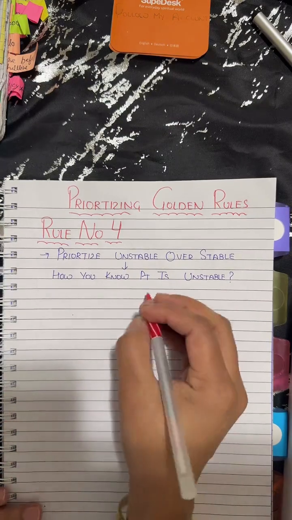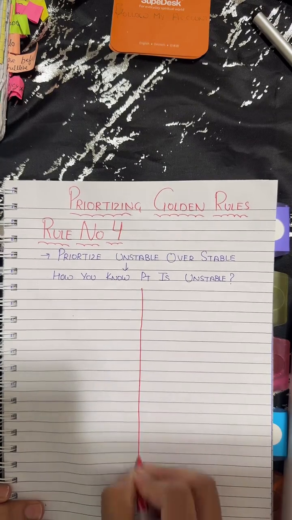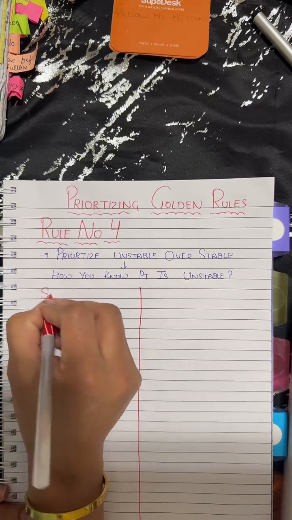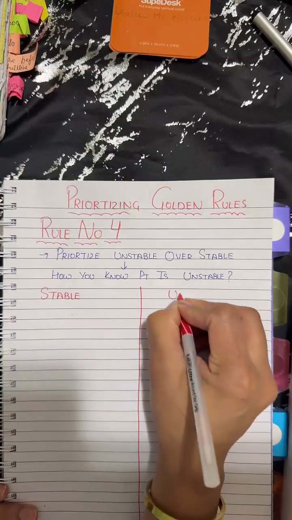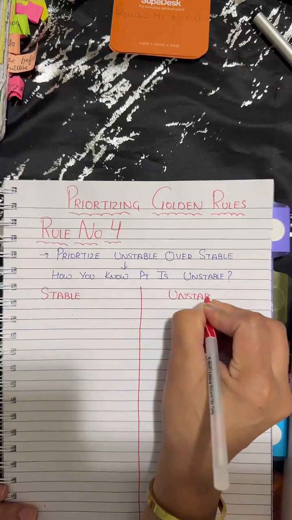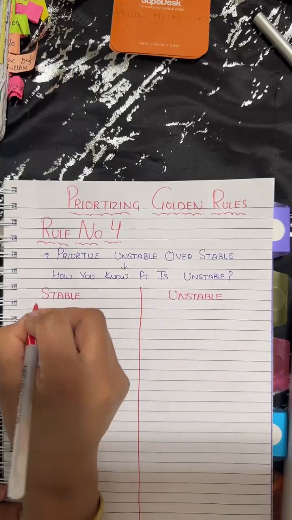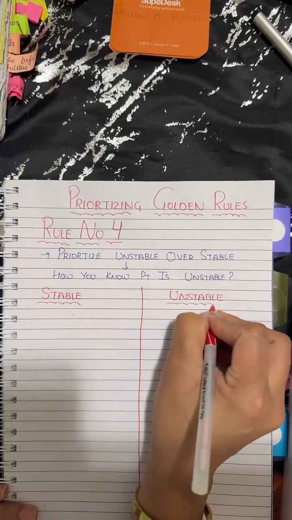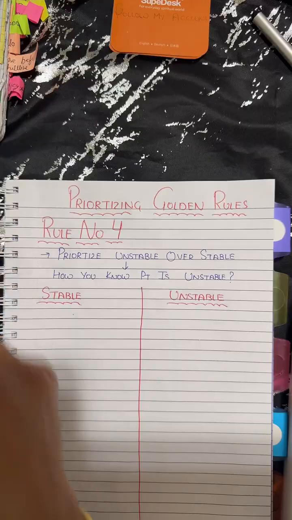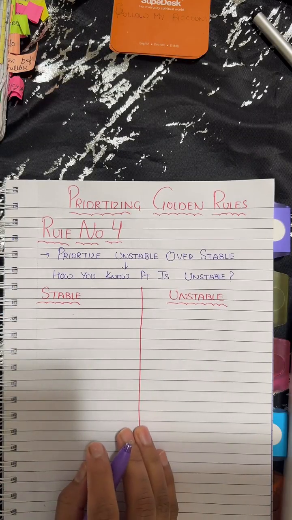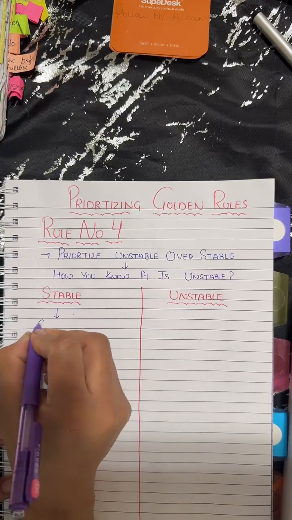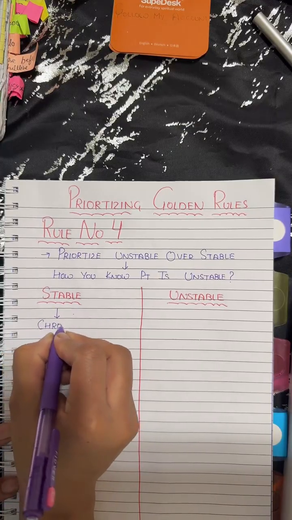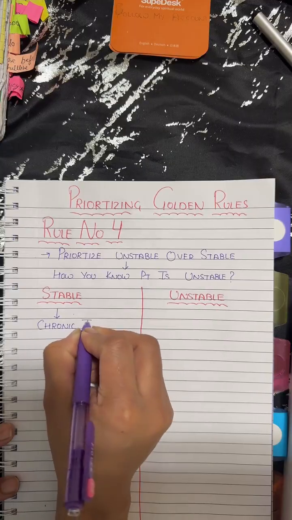Okay, so here, stable, unstable. It's chronic illness.